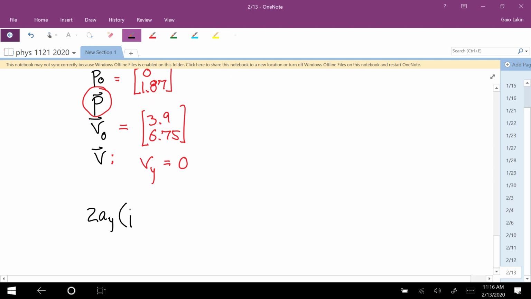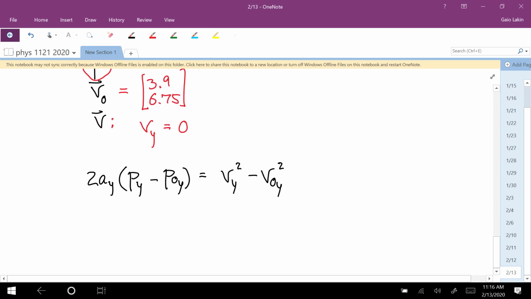2ay times the quantity py minus p0y is equal to vy squared minus v0y squared. That says negative 19.62 times the quantity py minus 1.87 is equal to 0 squared minus 6.75 squared.